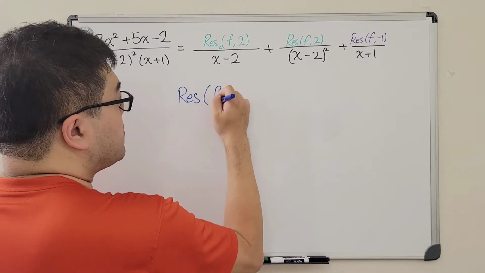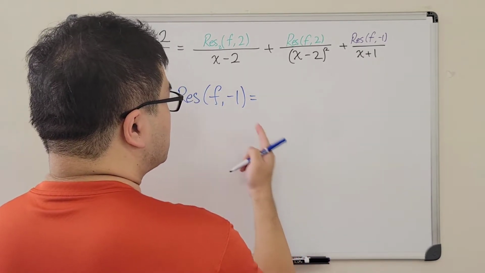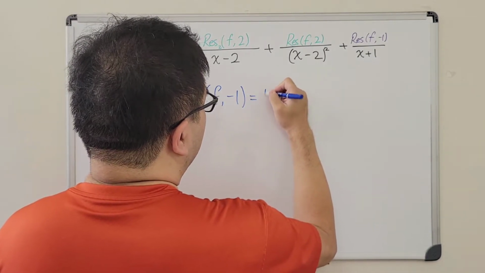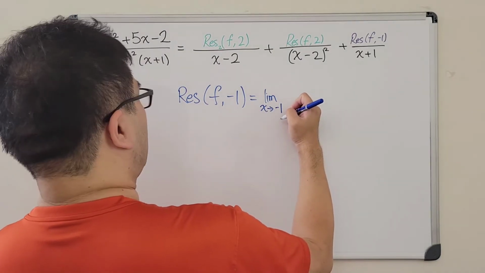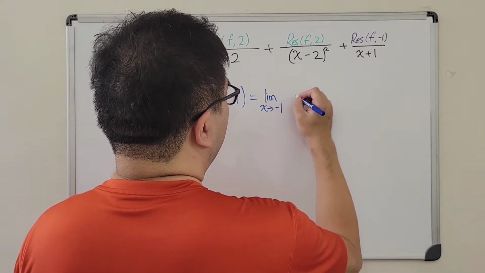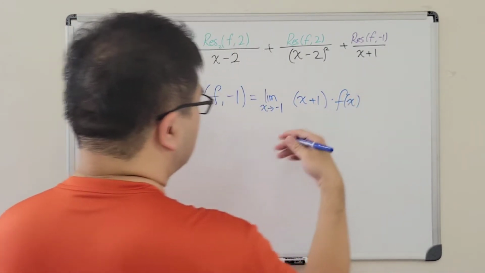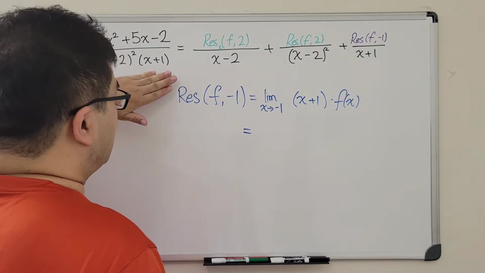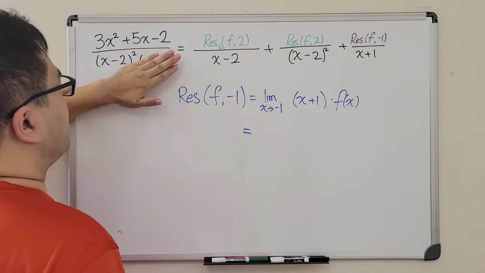So with the same definition, we get the residue of the function at -1 by taking the limit when x is approaching -1 of the quantity x plus 1 times the original function, which again will cancel out the x plus 1 term by the hand covering method.